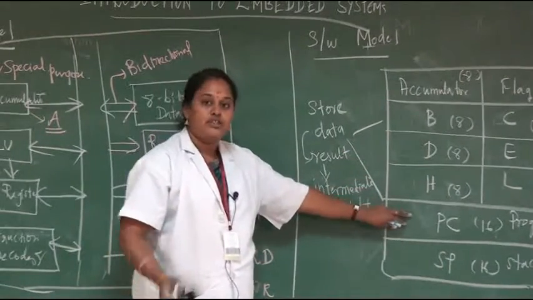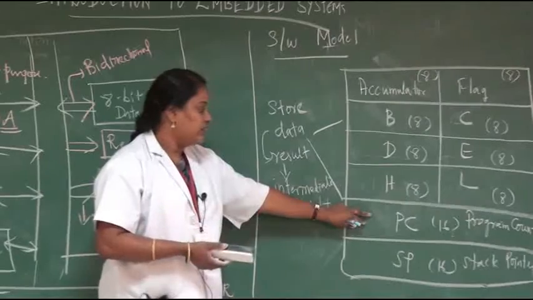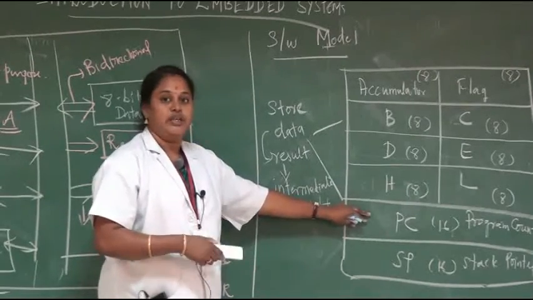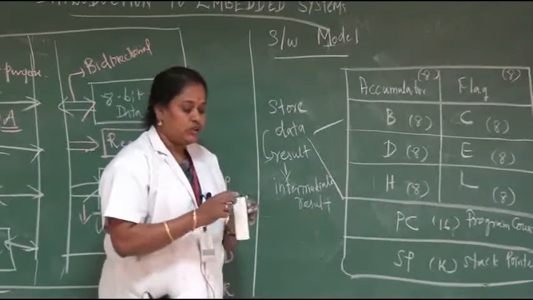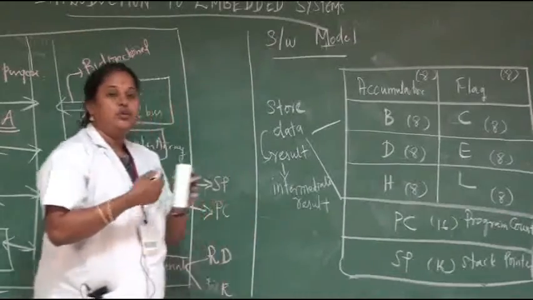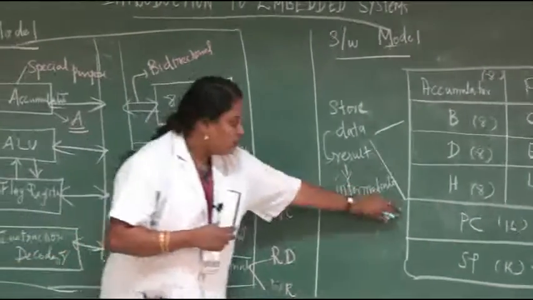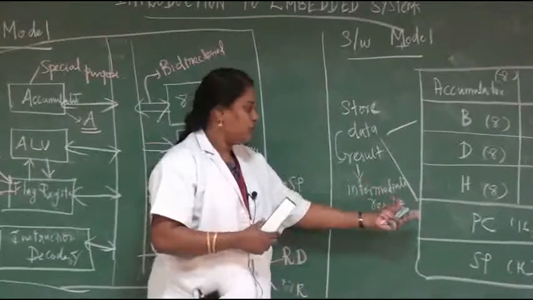The program counter is used to store the address of the next instruction to be executed by the processor. Suppose this is the processor, and it is going to execute some instructions. The program counter holds the address of the next instruction to be executed.